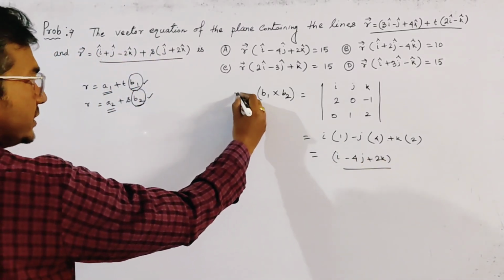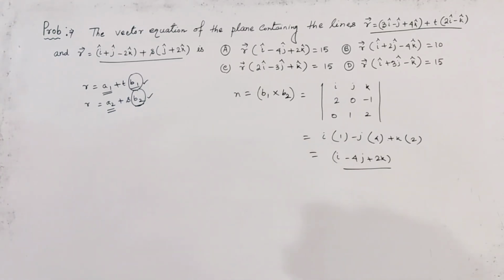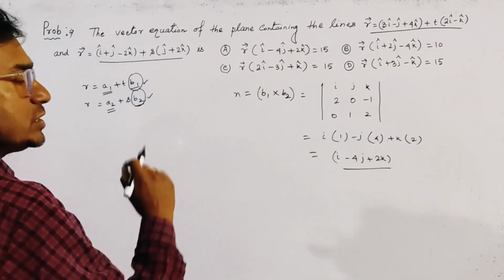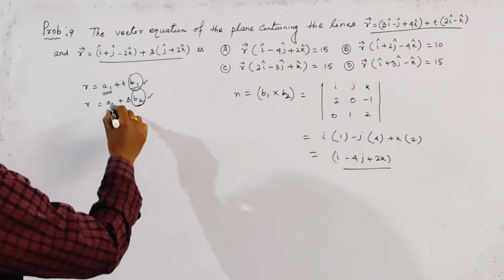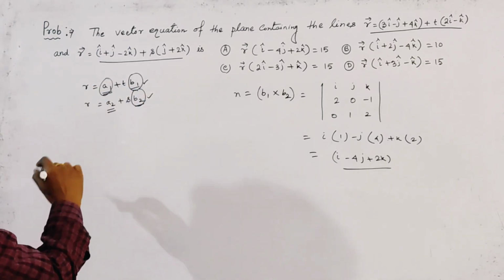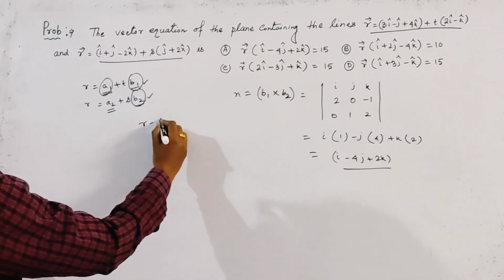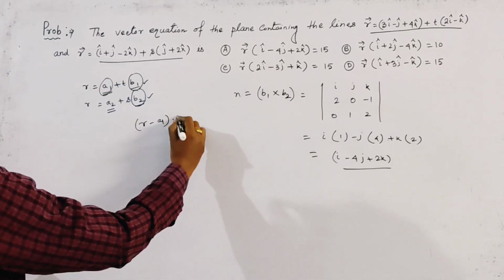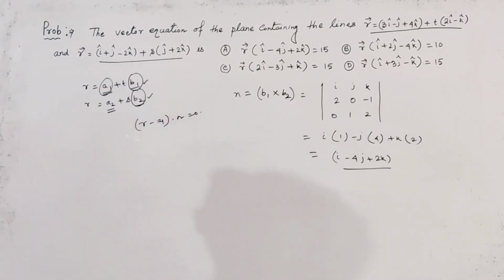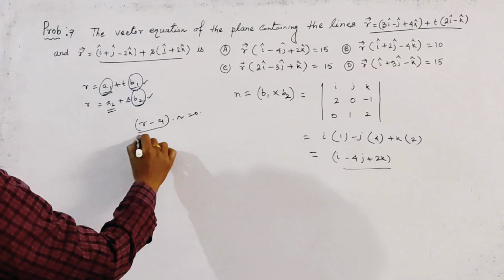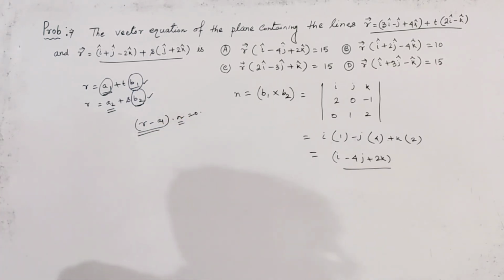Now, if we call this normal n, the equation of the plane, which passes through the point A1 with this normal, is (r minus A1) dot n equals 0, because r minus A1 is along the plane and n is perpendicular to the plane.